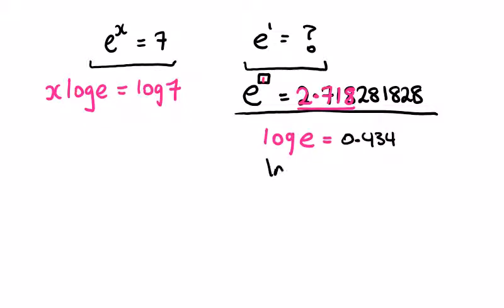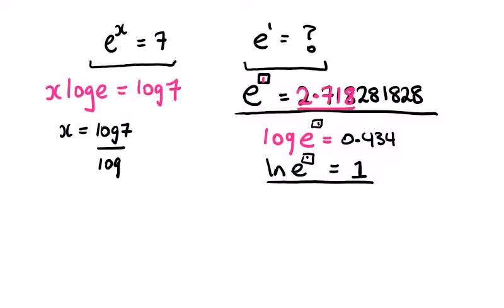And while we're at it, what I want you to do now is check ln, and in both of these cases you do have to put this power of 1 in, and if you type ln of e to the power of 1 in your calculator you're going to get 1, which we're going to come back to in a minute. So just solving here, x is equal to the log of 7 divided by the log of e, which on your calculator will give you 1.9459.